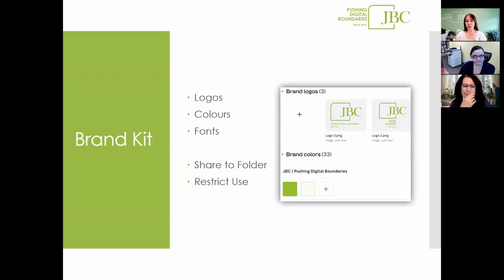So this means loading in all of your logos, the different variations of your logos, your colors, any font typefaces. And then you can share that folder with your team members or colleagues in the office so that they know what to use. Because the last thing that we want is for a logo to look off, for a logo to be pixelated, things that we don't necessarily want. So you can share kind of those high-end assets.